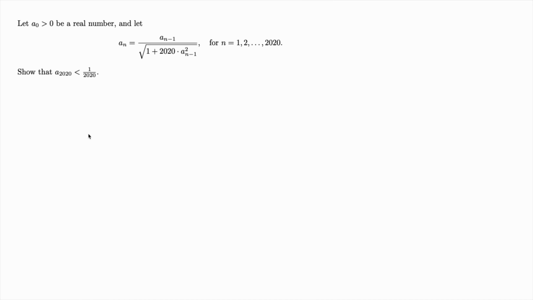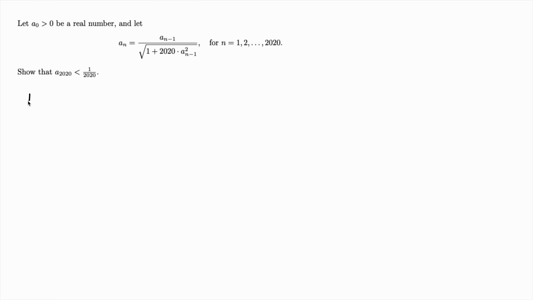So before we start, we know that a sub n equals this, and this is a recursive formula. And also we have a square root here, and we have a square here, and we have a fraction here. That means, what if we write a sub n squared, but we want to reciprocate it because we want to find the reciprocal of it because we have a potential fraction here.